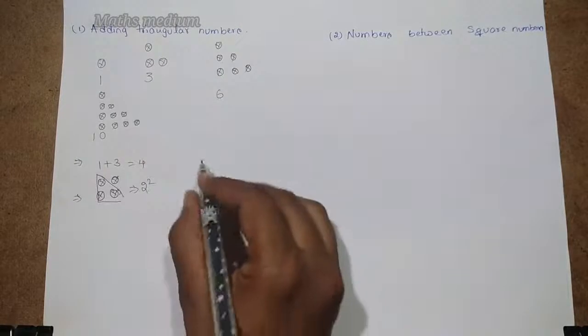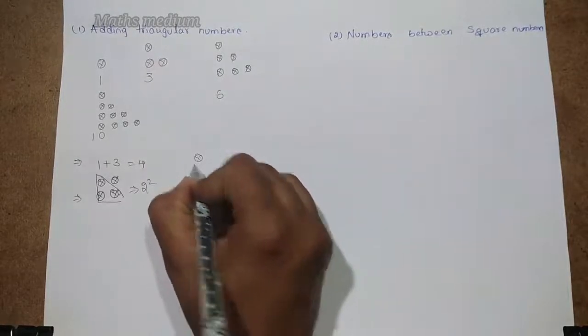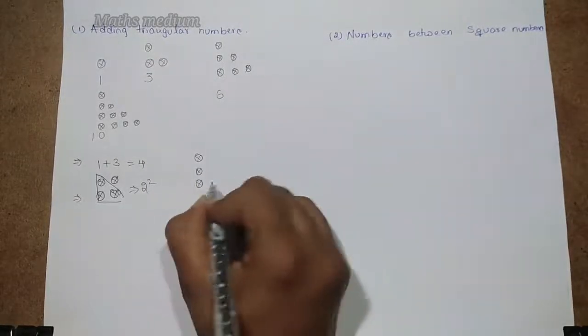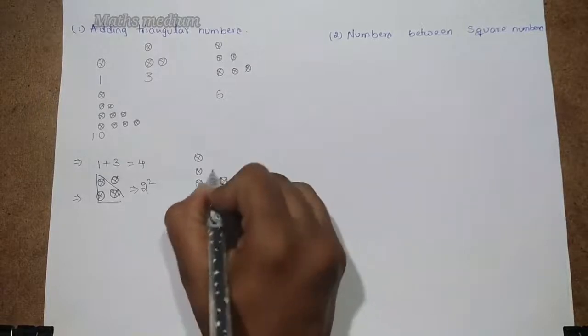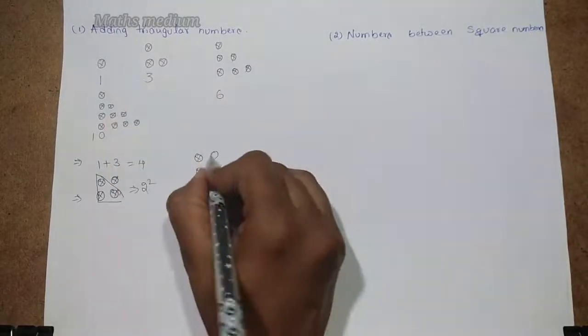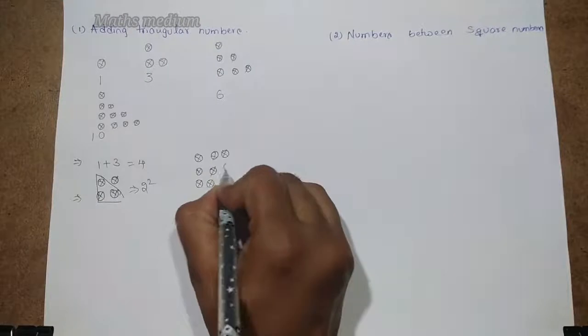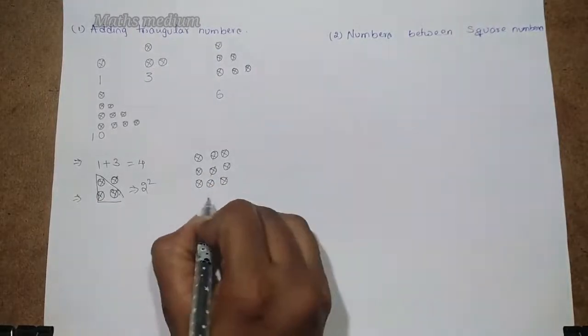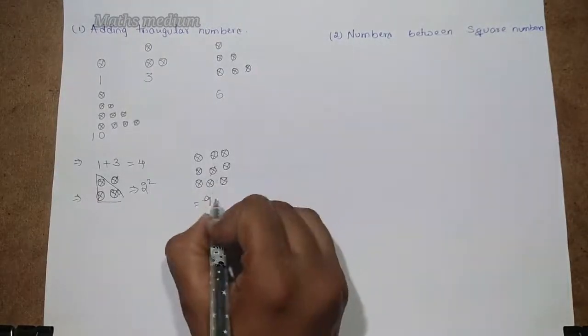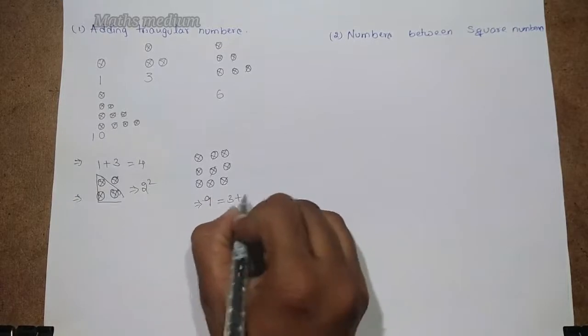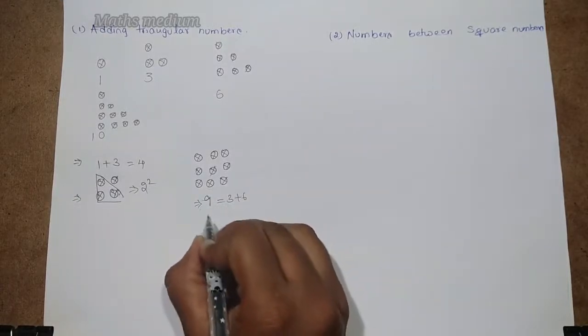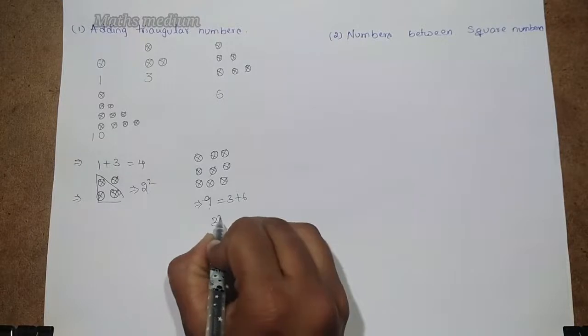If we add 3 and 6, we get 1, 2, 3, 4, 5, 6 and 1, 2, 3. We get 9. It means 3 plus 6 is equal to 9, which is 3 square.